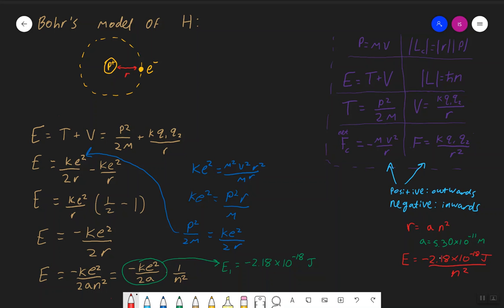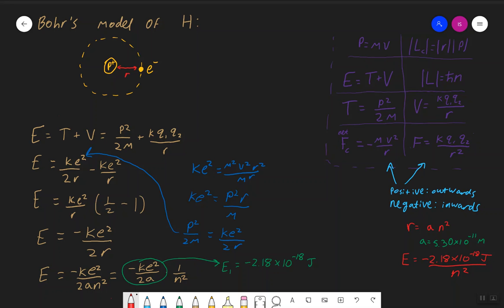You can call it E1, negative 2.18 times 10 to the negative 18th, although usually how I see this written, it's written just like this. The only constant we usually give a really special name for is this a constant.